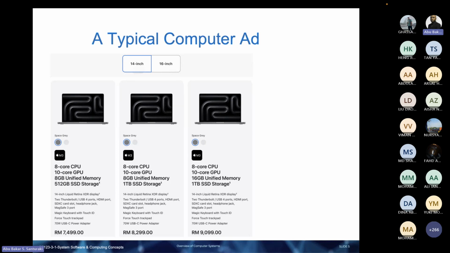So to begin, here's an example of a typical computer advertisement. Here you can see this is from the Apple website, and it's describing a particular system. What's interesting and should be notable to you as an IT person is, what do these terms actually mean? The companies that build these computers give what we call a specification sheet.